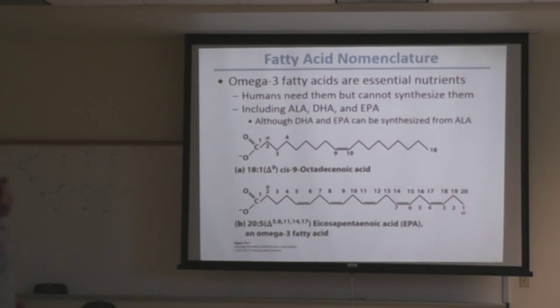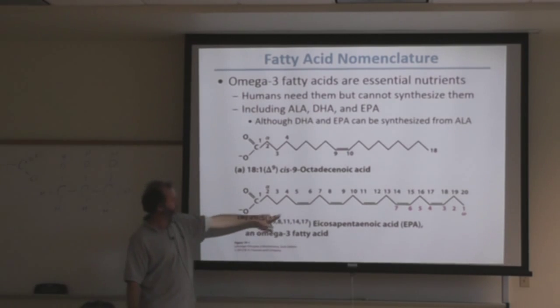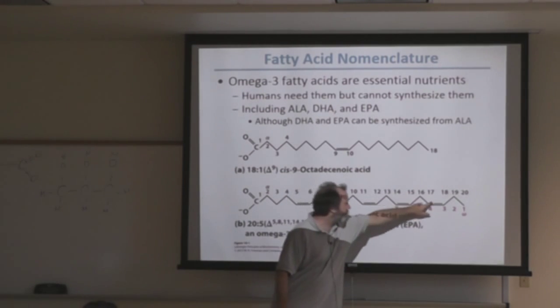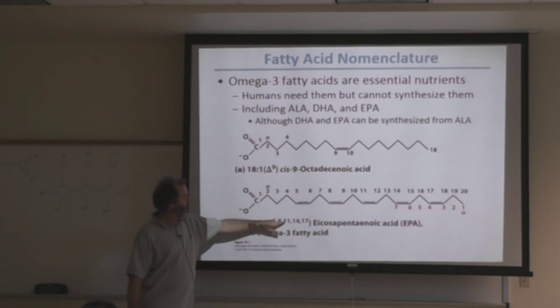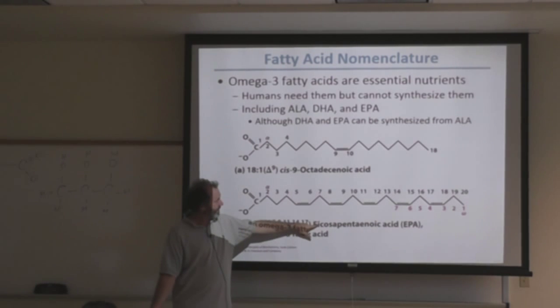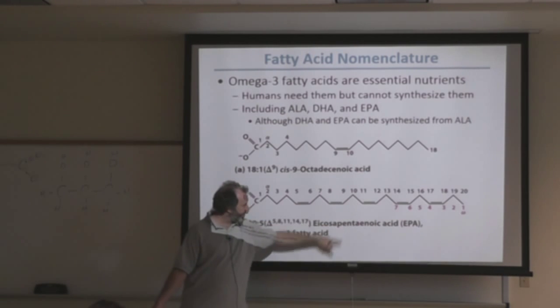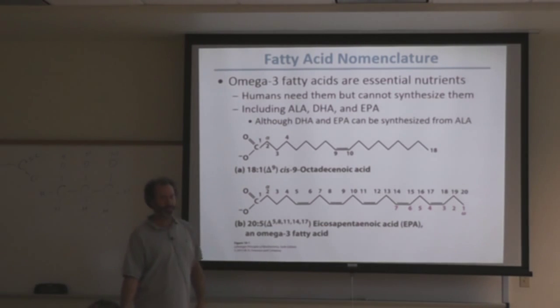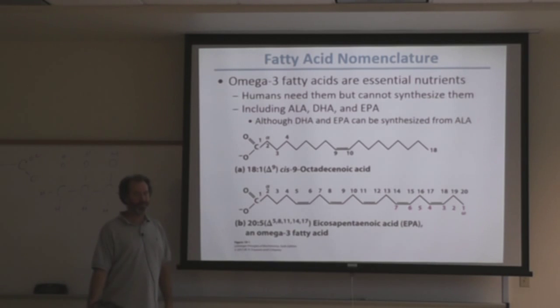And then for this one, 20:5, because you have 5 double bonds, 1, 2, 3, 4, 5. 5, 8, 11, 14, 17 for the double bonds. And then it's, I don't know how to say this, eicosapentaenoic acid.